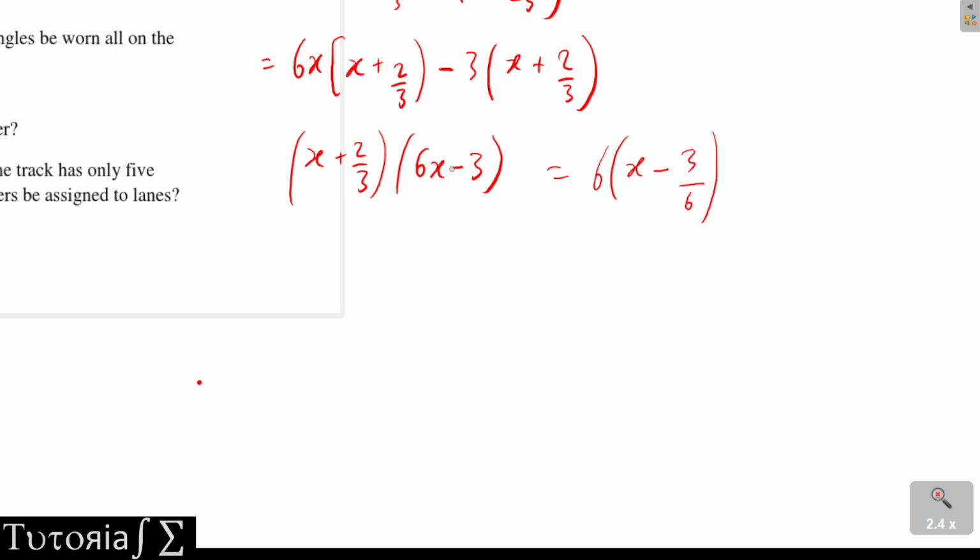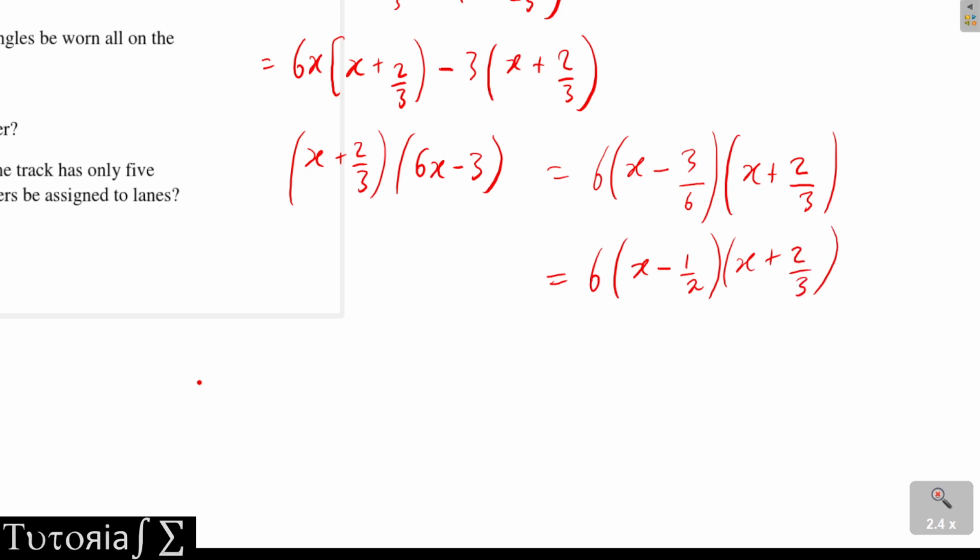Okay, so basically on this part, then times x plus 2 over 3. Then this can simplify to 6 outside. Then we have x minus 1 over 2 and x plus 2 over 3.